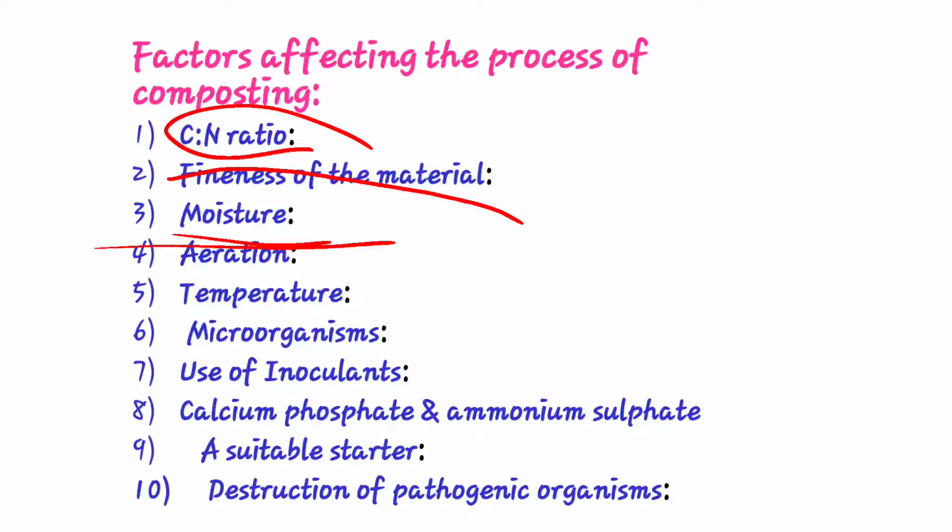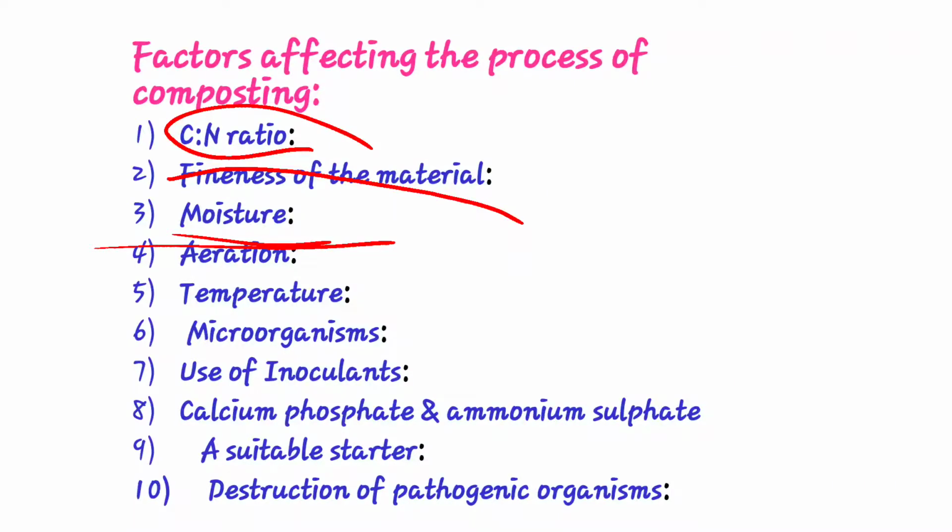Then next, temperature. In the last method we know, 65 to 70 degrees Celsius temperature is required. A higher temperature reduces the microbial activity and also increases the loss of gaseous ammonia to the atmosphere. Up to 20 to 30 degrees Celsius is obtained for the full decomposition process.